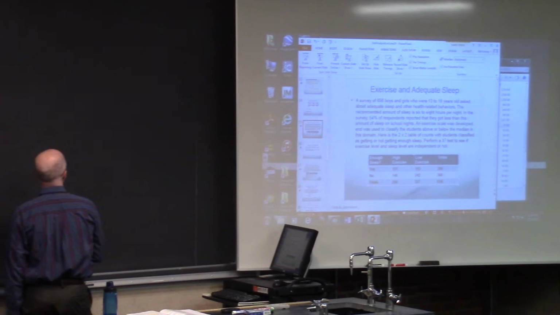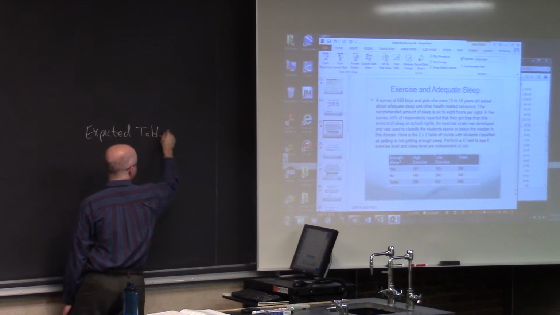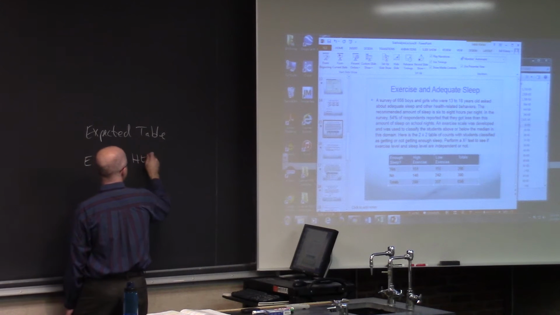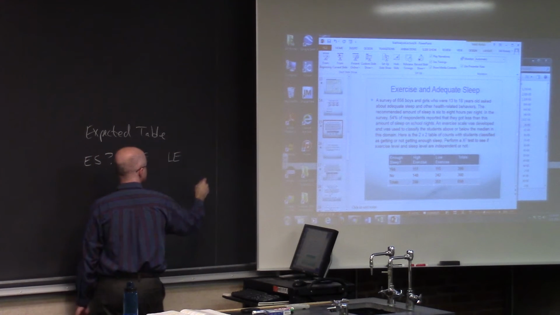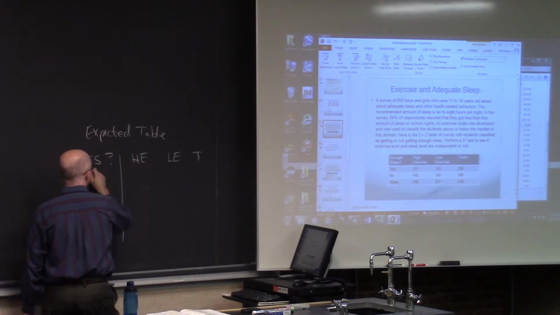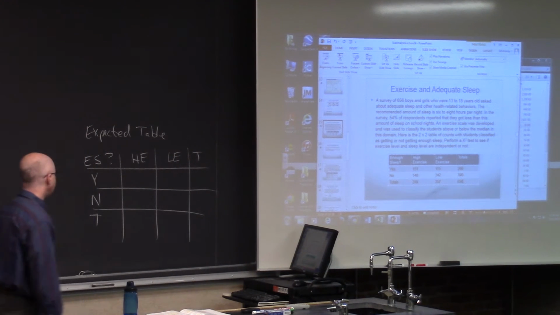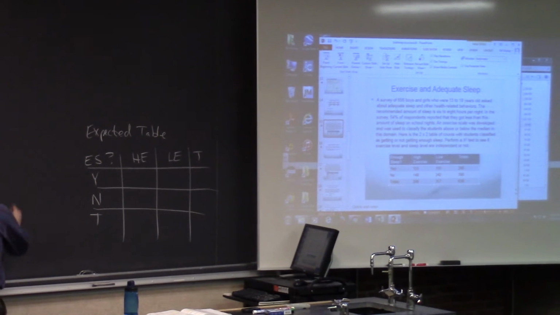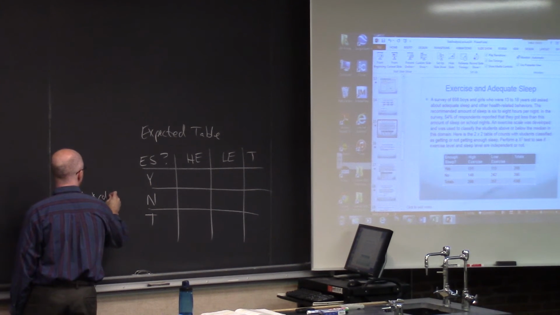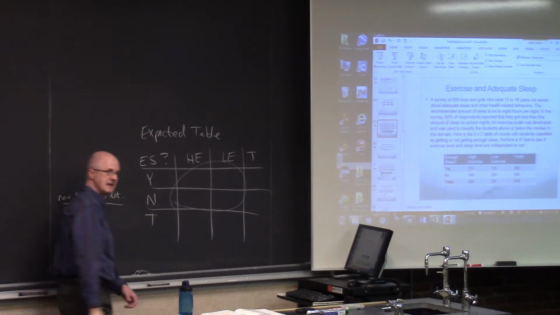Let's now make an expected table. And for sake of time, I will abbreviate ES for enough sleep, HE for high exercise, LE for low exercise, T for total, Y for yes, N for no. Okay, use that formula, row total times column total divided by n for each one of these cells in the middle here to get the expected counts.